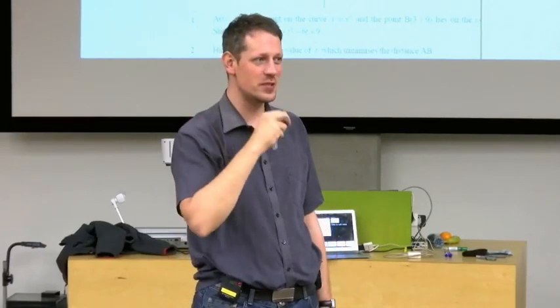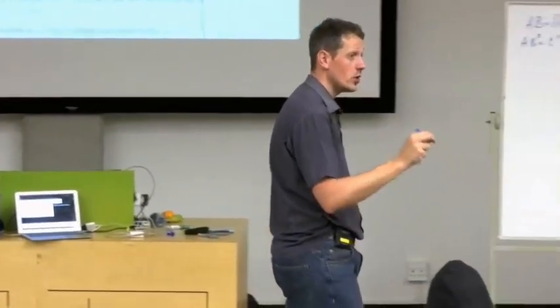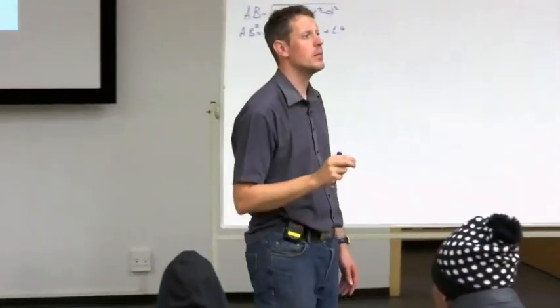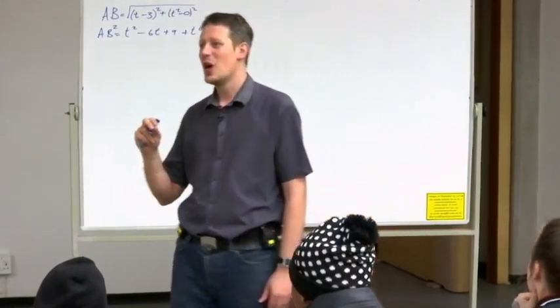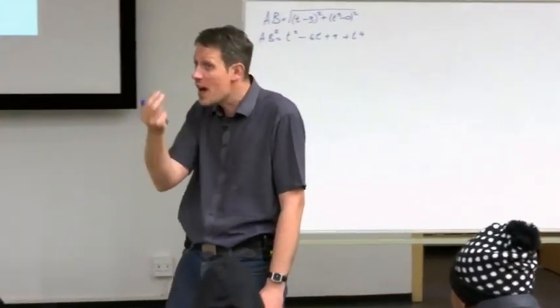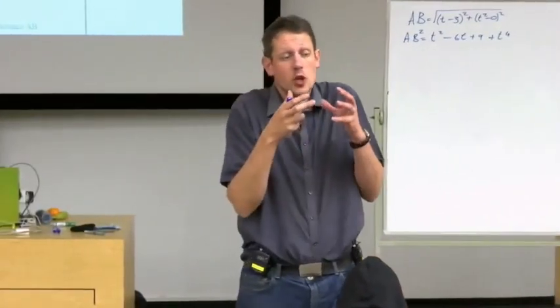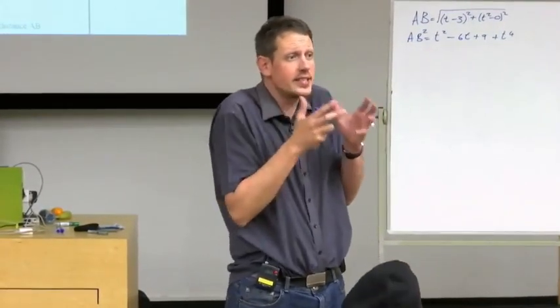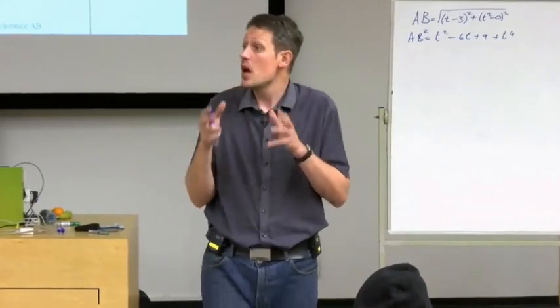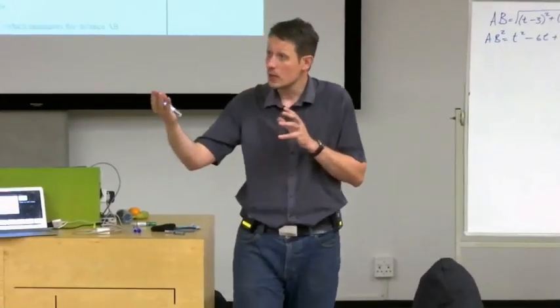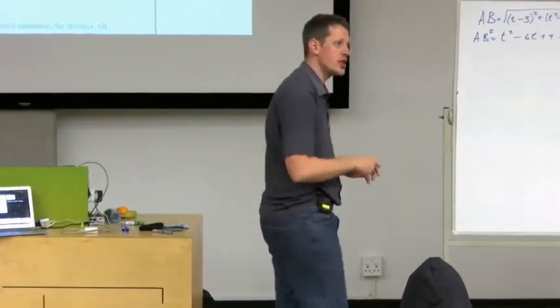If I make a square at its minimum, do I make the original also at its minimum? And the answer is yes. So the logical leap of faith is that I'm not going to try and get AB alone. I'm going to try and get AB squared and differentiate that.